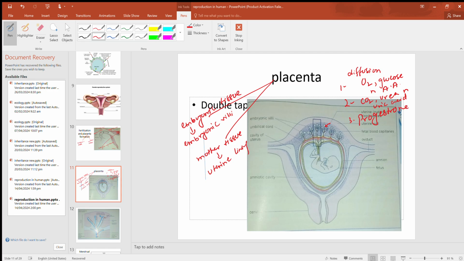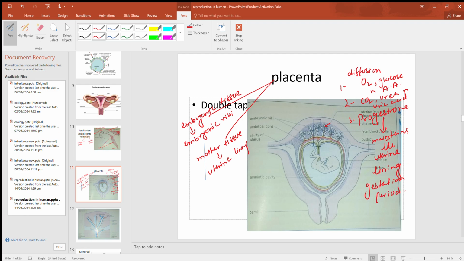Now what is the function of this progesterone? Progesterone maintains the thickness of the uterine lining throughout the gestation period, or throughout the pregnancy.